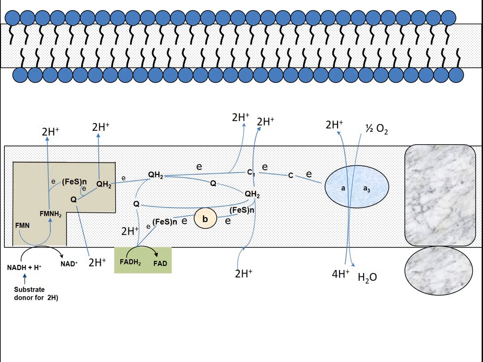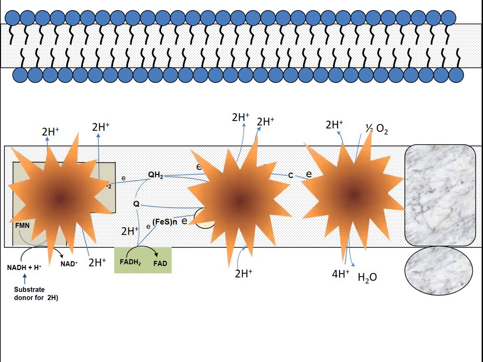There are 3 points where the required potential for ATP synthesis may be reached. It is near the first respiratory complex, near the third, and near the fourth.